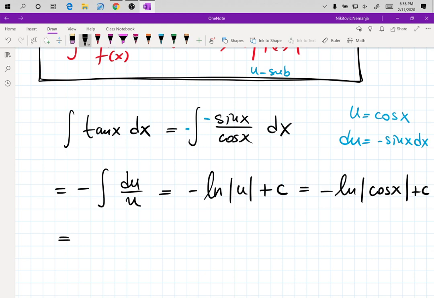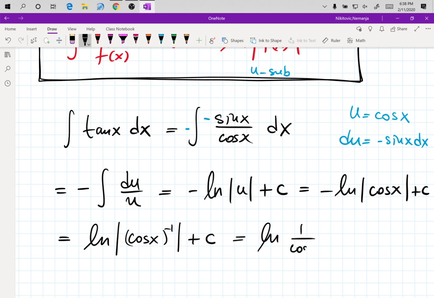So, ln of absolute cosine x raised to negative 1. Be very careful how you write this. Do not put cosine negative 1. What's cosine negative 1? That's inverse cosine, right? So, this is ln of 1 over cosine x plus c.